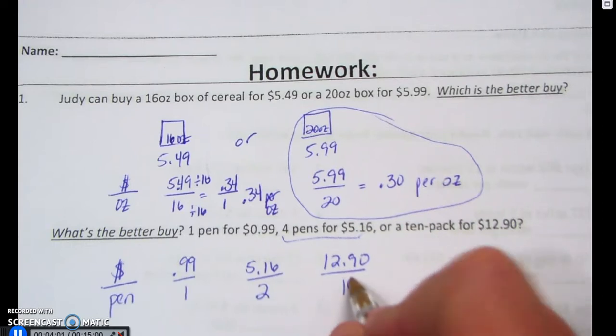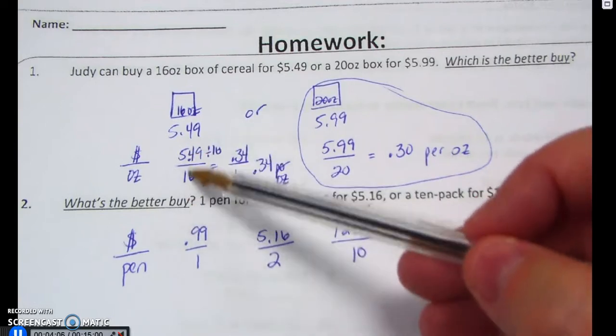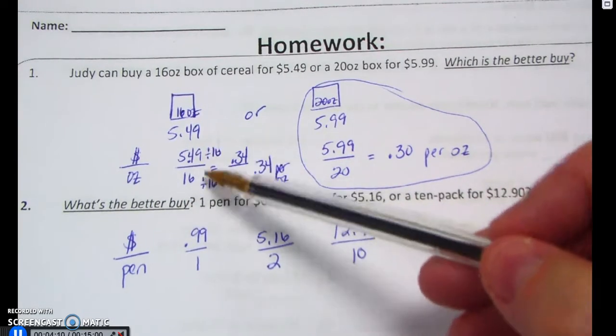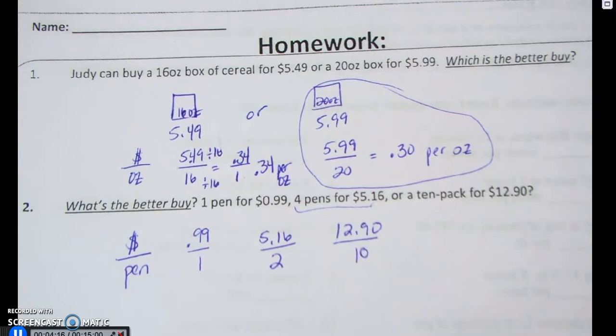That means there's 10 pens in the pack. All right. Now, in each case, you can set up the equivalent fraction and go over 1, or you can understand that it's just divide to get your unit rate. I think it's probably easier just for you to set it up and divide to get your unit rate. It's always going to work out the same way either way.